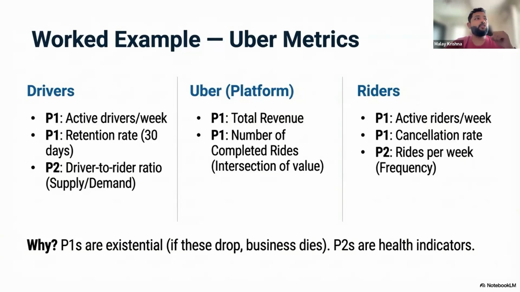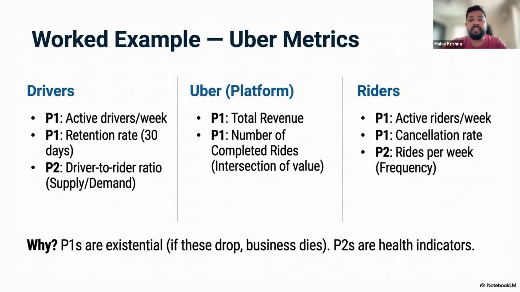Very simple. So first I will go with Uber, the central pillar that you see. Now, the first metric that I will go with for Uber is Uber making more money, which means the total revenue and profit, of course. Now, is this an existential metric? Is it a supporting metric, or a health metric, or is it a diagnostic metric?